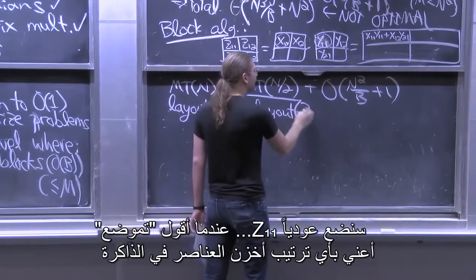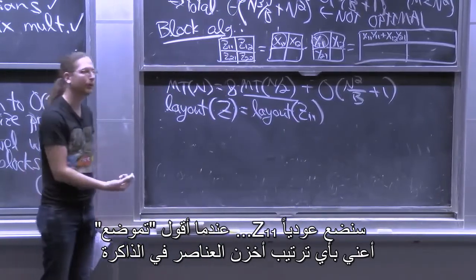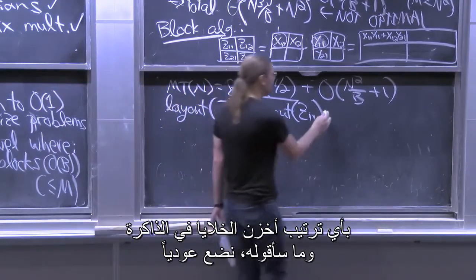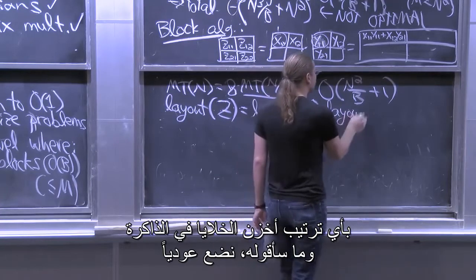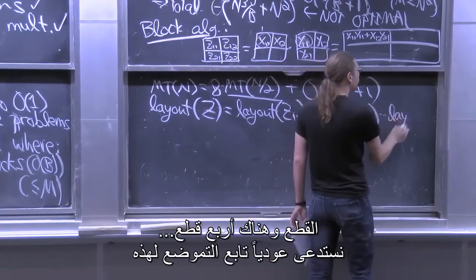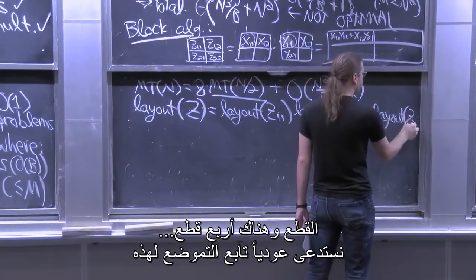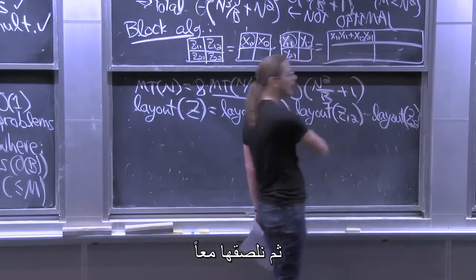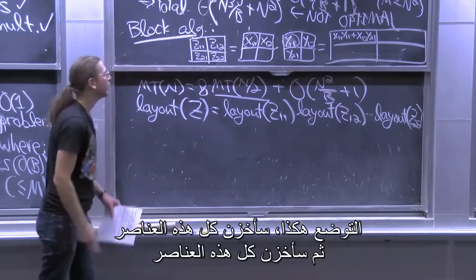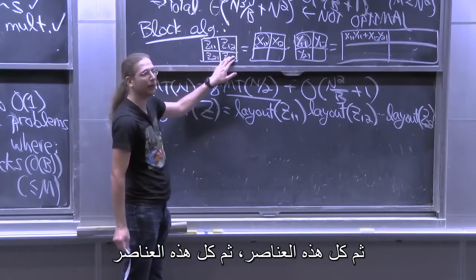When I say layout, I mean what order do I store the elements, the cells, in memory? What I'm going to say is recursively lay out the pieces: there are 4 pieces, recursively call layout on those, and then concatenate them together. That's my layout. So I'm going to store all of these items, then all of these items, and then all of these items, then all of these items.